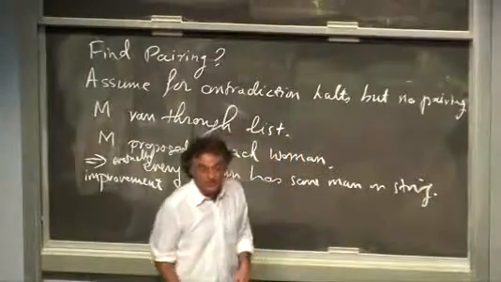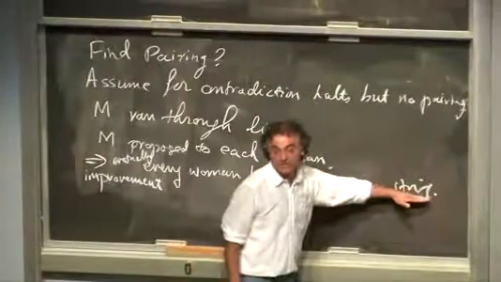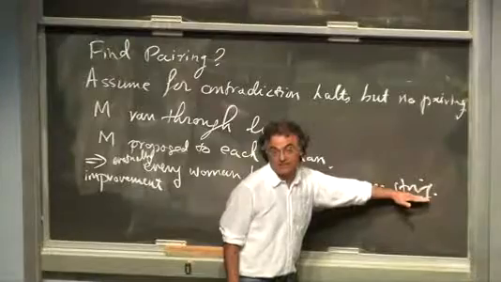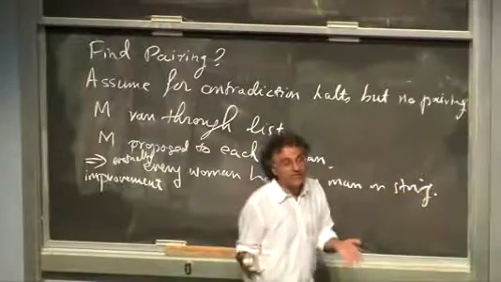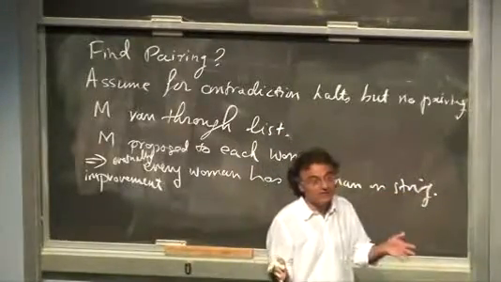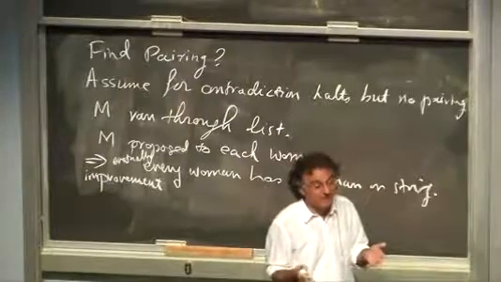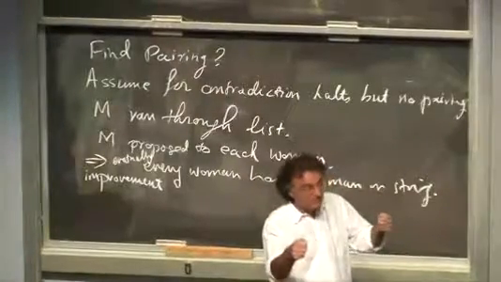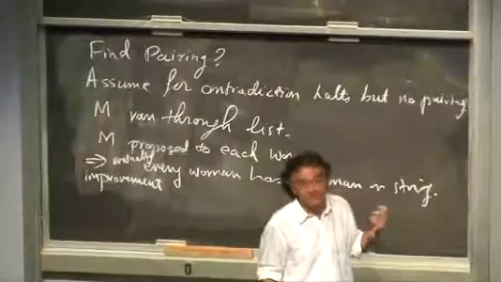Right? But none of them has this man on the string. So there are only n minus 1 other men, there are n women. How could there be n distinct men on the string without this guy? Contradiction.